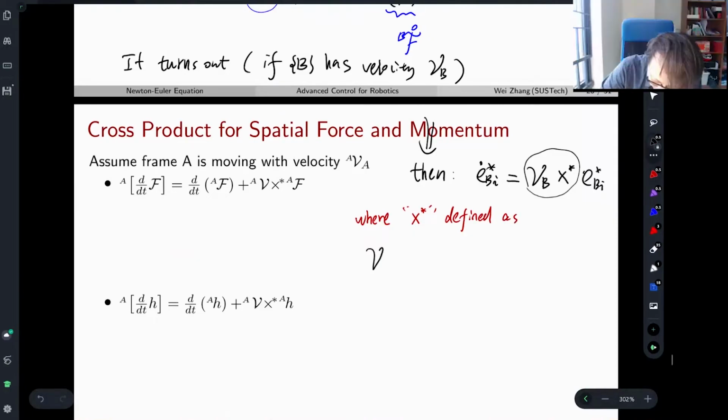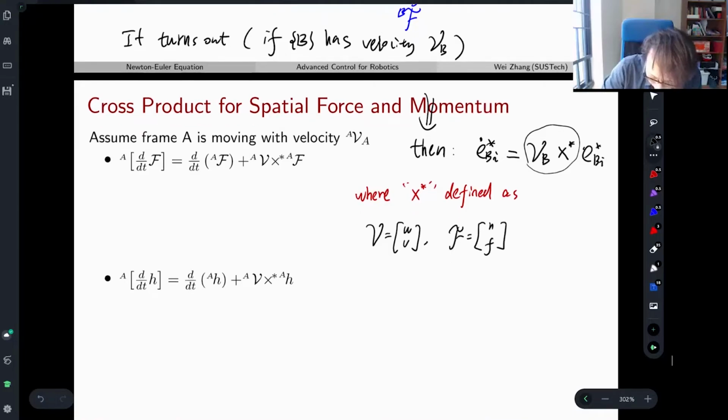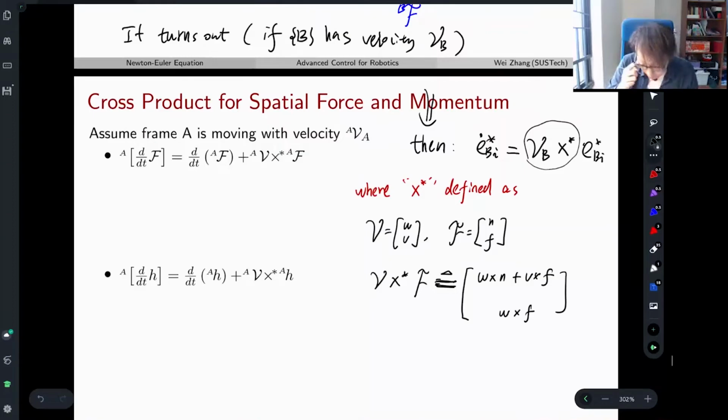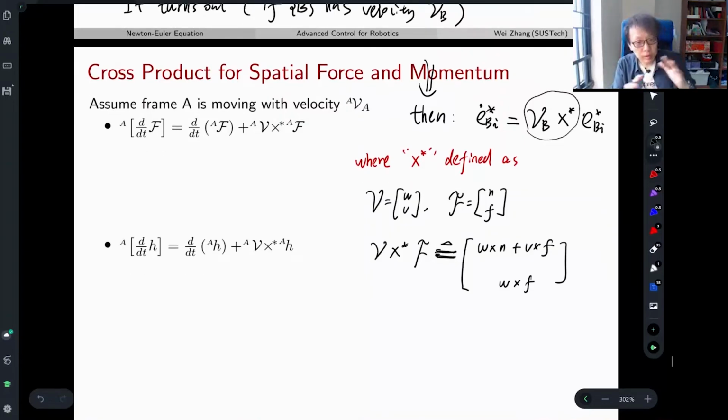Suppose V is a vector, let's call it omega, v, and F is another vector, which is n and a small f. So V cross star F is defined as omega cross n plus v cross f, and below is omega cross f. That's the definition. You can derive it.